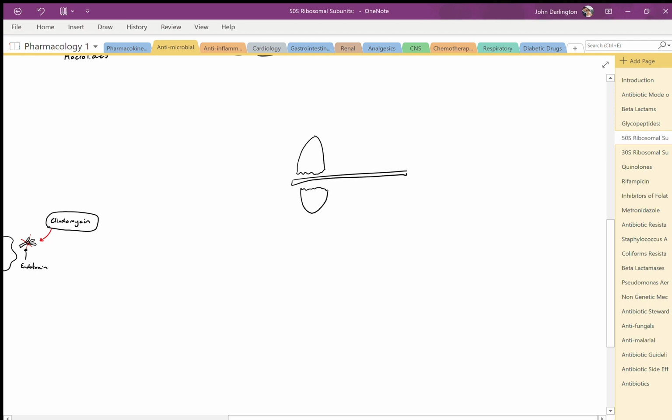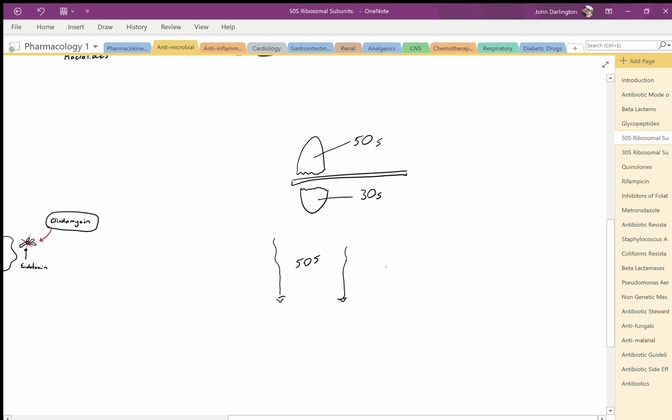So if you were to put this into a centrifugal spinner, and then let this all settle down, the time taken for this to reach the bottom is 50 seconds. The time for this to reach the bottom is 30 seconds.